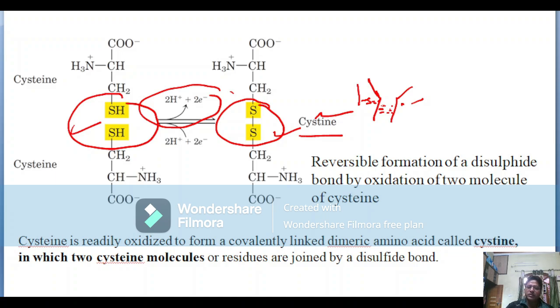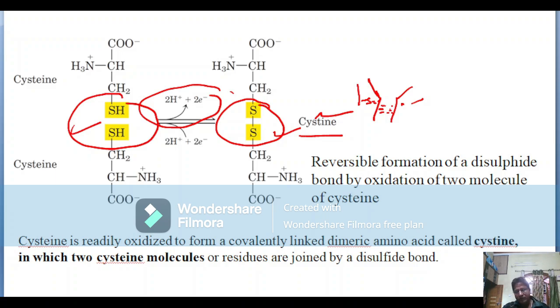So the cysteine residue has a very important role in protein structure. Cysteine is also found in the insulin structure, where the cysteine residues are oxidized to form a disulfide bond.